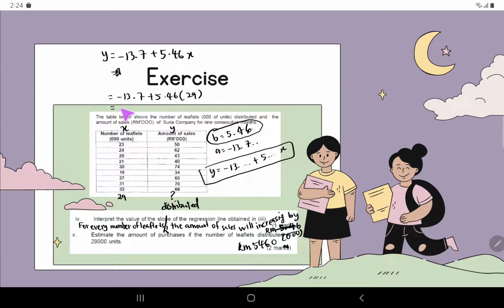So the answer is 144.64. So ini adalah RM1000. So jawapan dia adalah RM, yang ni darab dengan 1000 lah. So 144,640. Okay, darab dengan 1000. So ini jawapan dia. Ini jalan kerja dia.